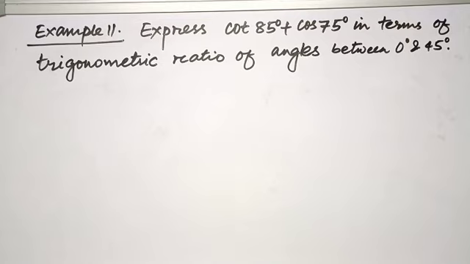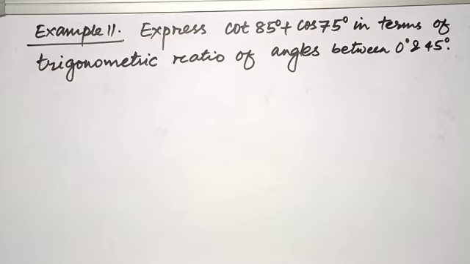How we are going to solve it? Cot 85 will be written as tan 90 minus 85, and cos 75 will be written as sin 90 minus 75, and 90 minus 85 will give you 5 and 90 minus 75 will give you 15, and that 5 and 15 is automatically in between 0 and 45, right?